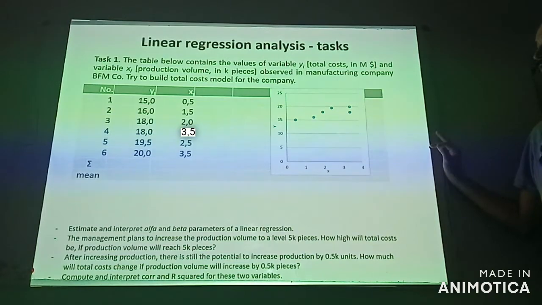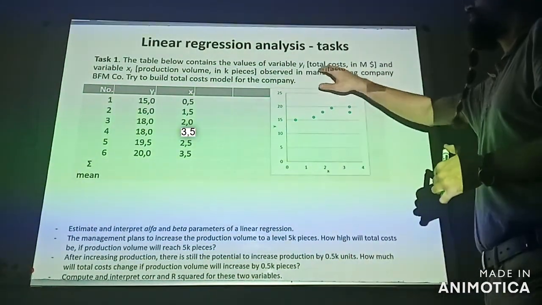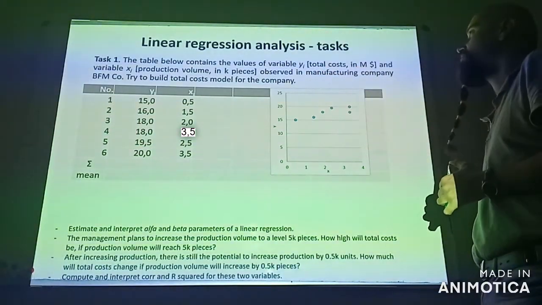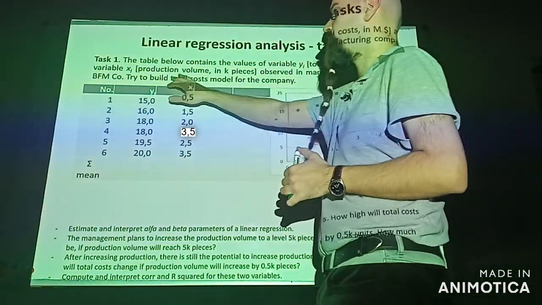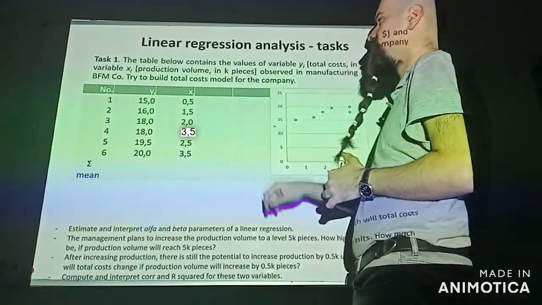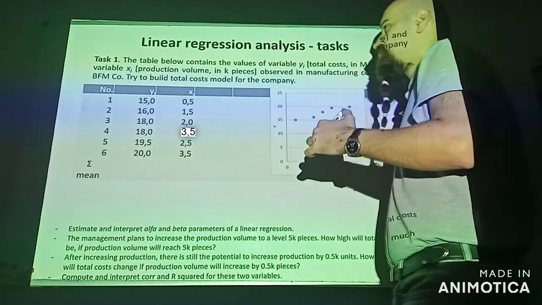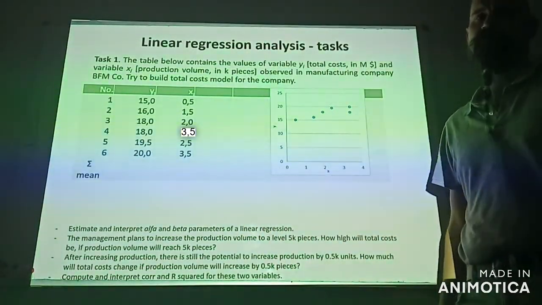The table below contains the values of variable y, which is total cost expressed in $1 million, and variable x, which is production volume in 1,000 pieces, observed in one manufacturing company, Business and Finance Management Corporation. Let's try to build our first economic model, the model of total costs.